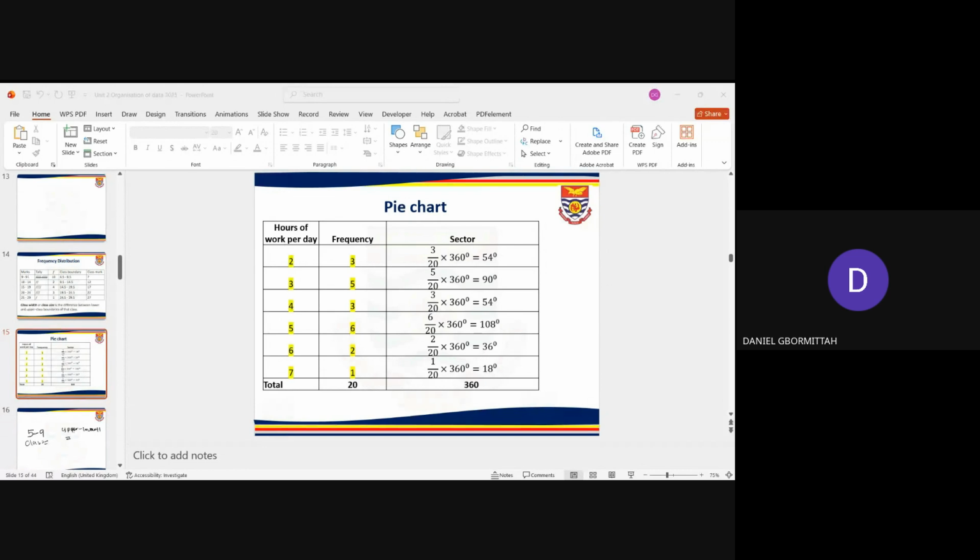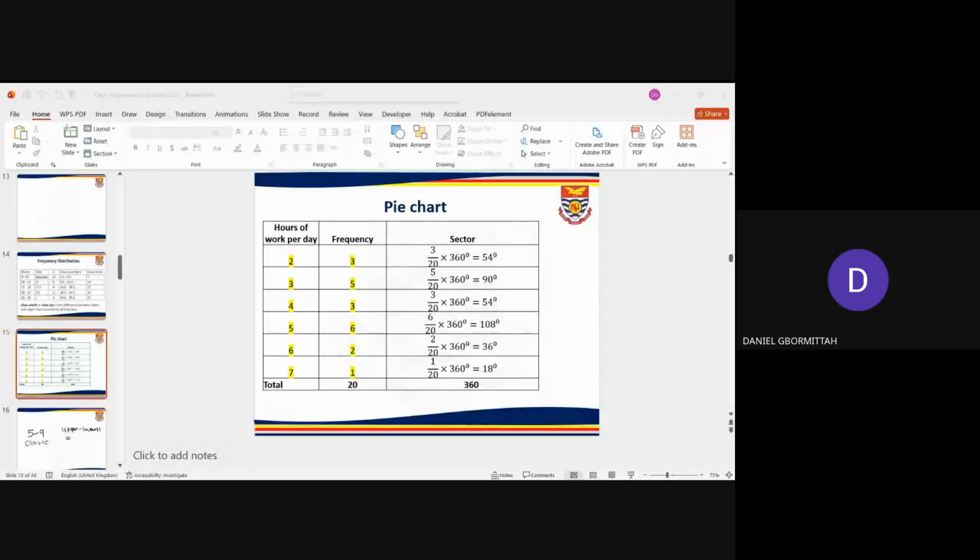In some cases, I can give you a data that when you find the total frequency and you are trying to find the ratio, those divisions will not be exactly divisible. The total frequency will not exactly divide 360. Are you getting it? But that data can be represented using the pie chart.